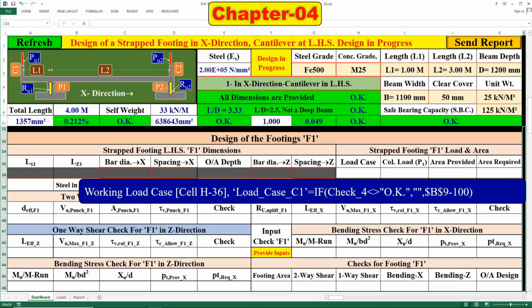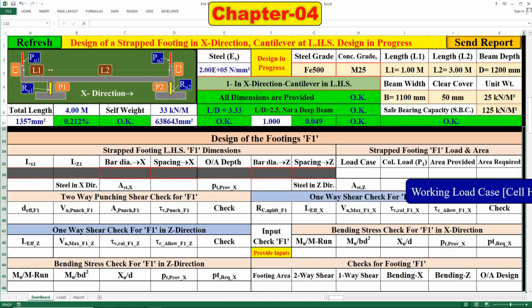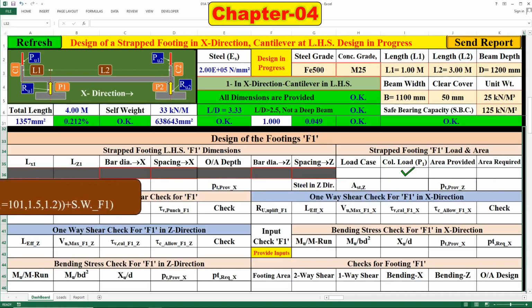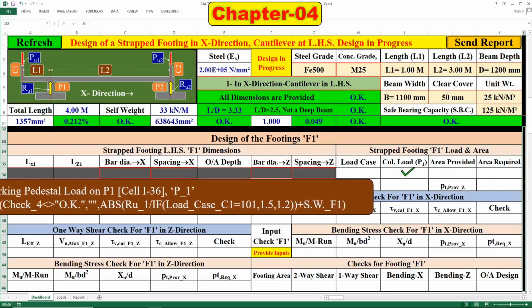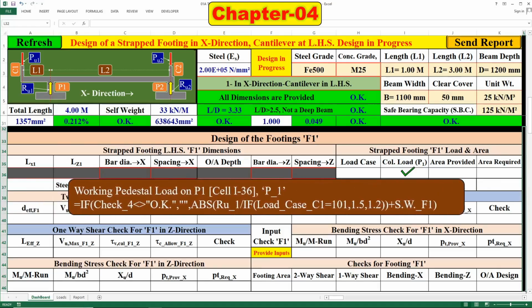Next, we have the formula for the working pedestal load on P1 in cell I36. The defined name of the cell is P_1. First, Excel will check check_4. If it is not OK, the cell will remain blank.